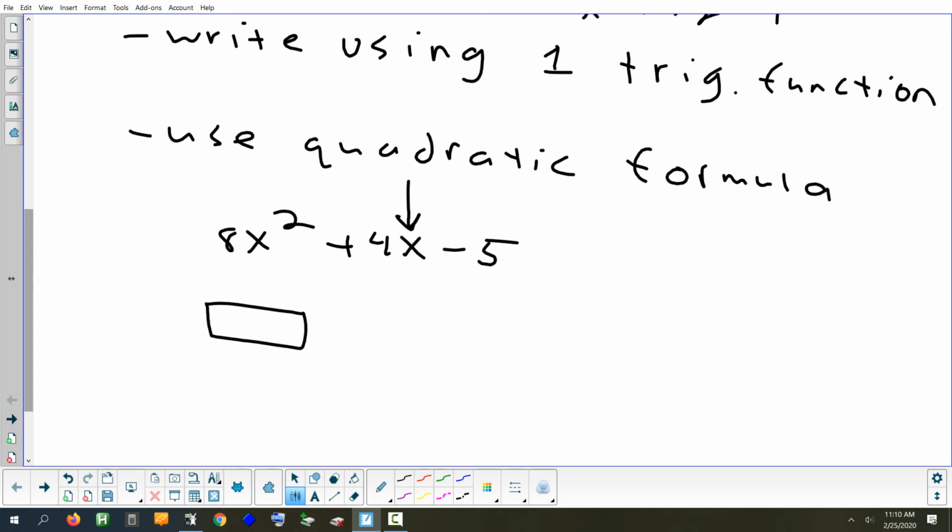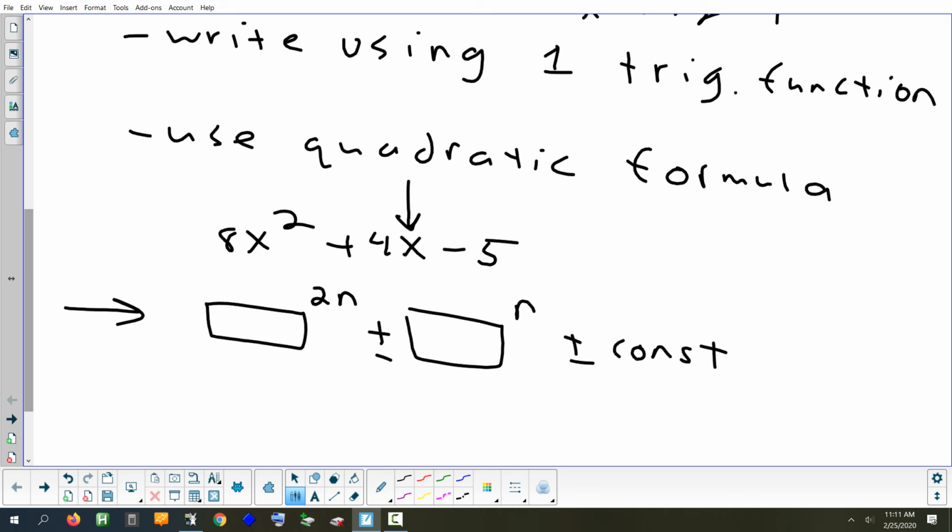Basically, anything that fits this pattern is quadratic. What I wrote right here, that's a quadratic type pattern problem. The key for something to be able to be solved with the quadratic formula is, first of all, it has to have 3 terms. 1, 2, 3. The third term has to be a constant. Just a number. Plus or minus, doesn't matter.